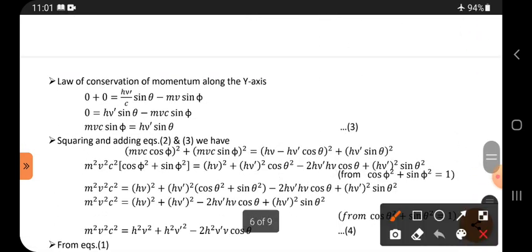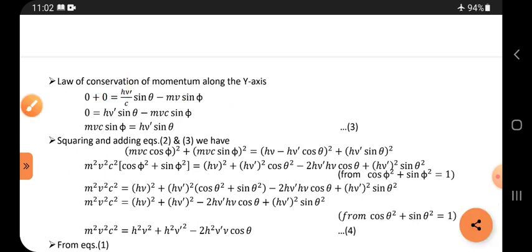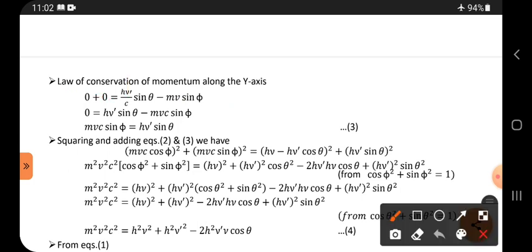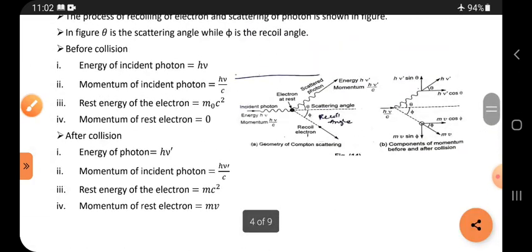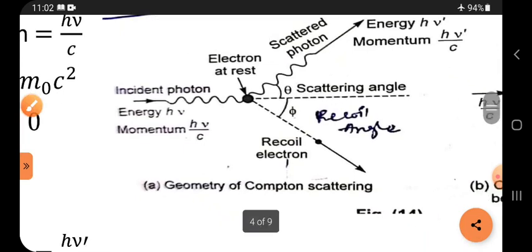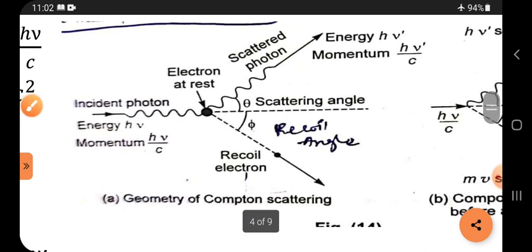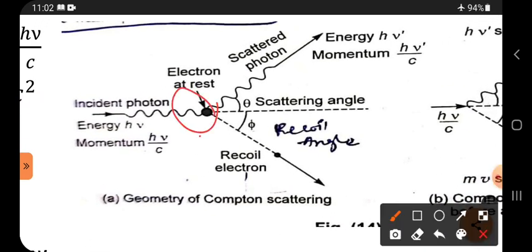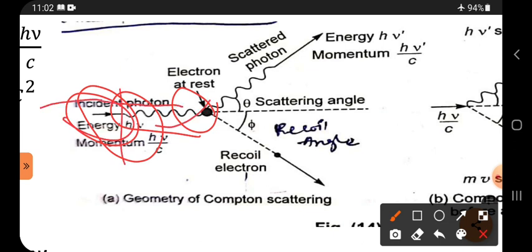Along y direction there is no momentum before collision, but along y direction after collision momentum values are there. See here in the diagram, before collision there is only one direction, that is x direction, no y direction.